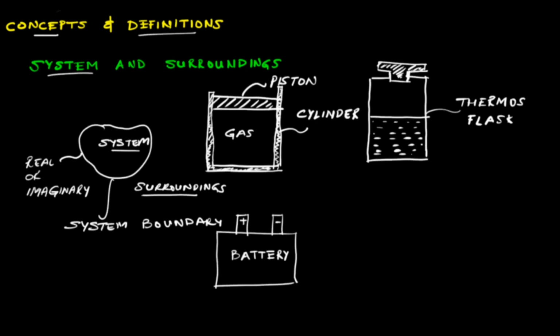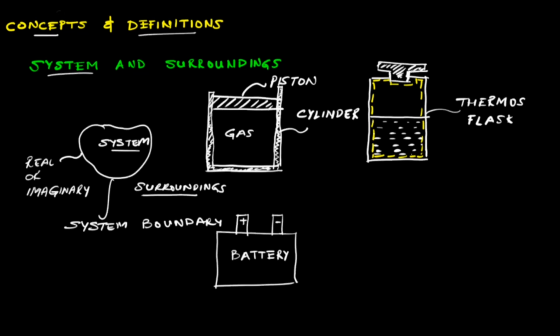So here, let's say we have this thermos flask in which we have water and its vapor. If we want to perform thermodynamic analysis on this water that is inside this thermos flask, then we choose the system boundary that is shown by the yellow dashed line, and this line touches the wall of the thermos flask.